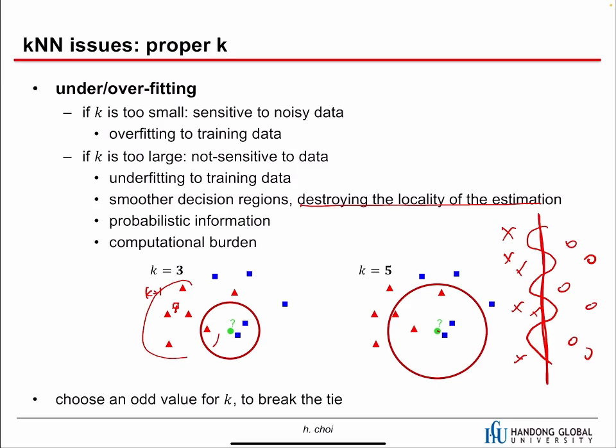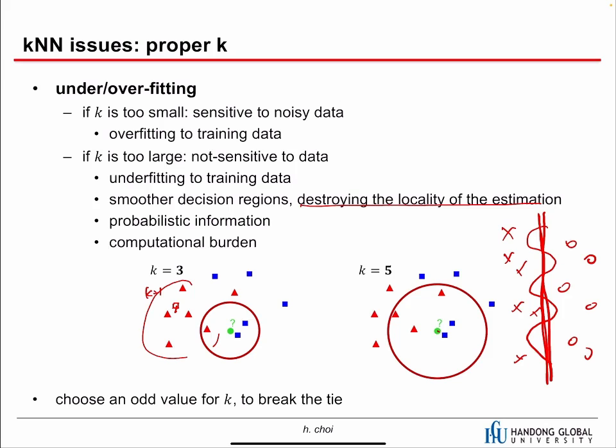It's smoother than before, and sometimes this is not what we want. But it depends on the application and the data distribution. So which value is the proper k? We don't know, so you have to try different numbers from k 3 to 11 or so.